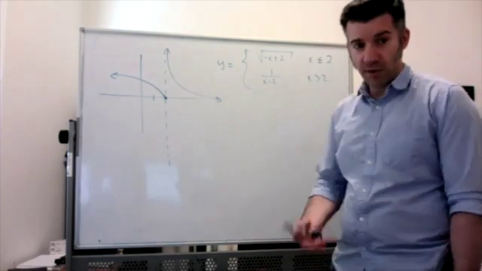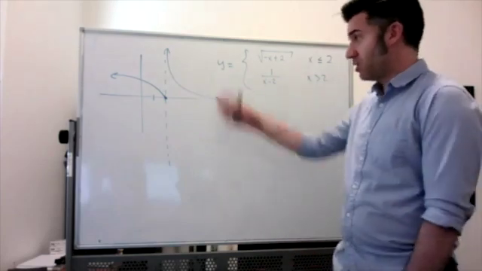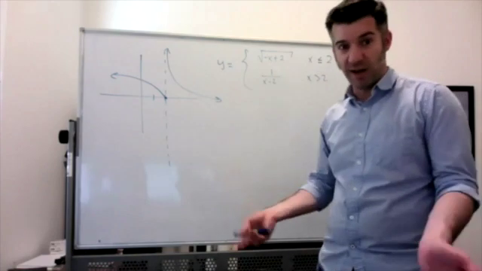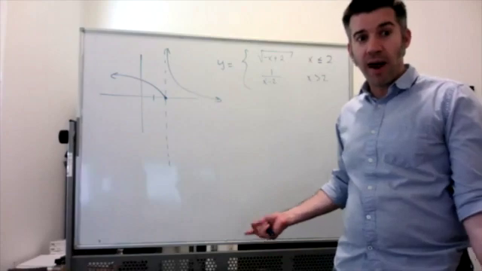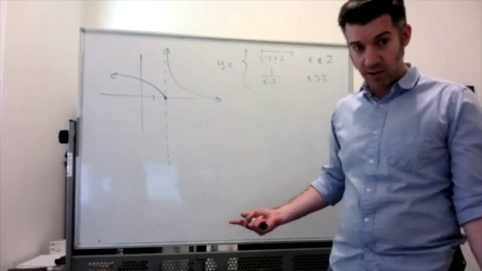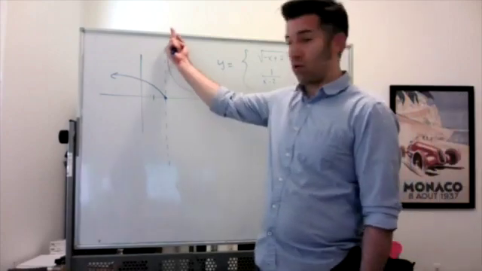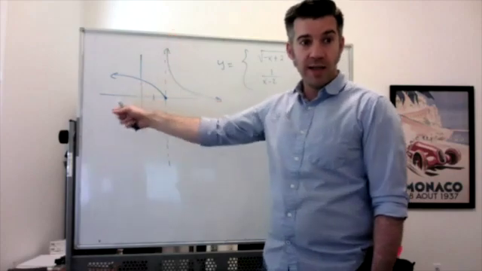Yeah, so a vertical asymptote, the function doesn't cross it, right? Because you'd be dividing by 0 there. And more importantly, when you have a vertical asymptote, the graph gets infinitely large or negatively infinitely large.